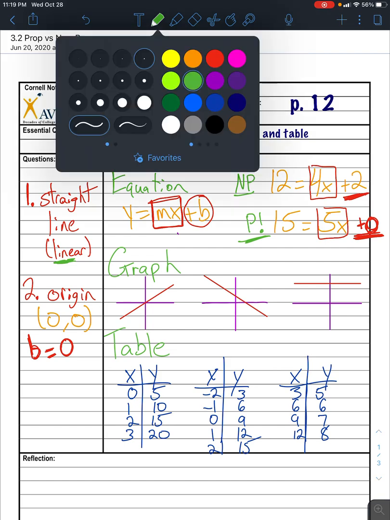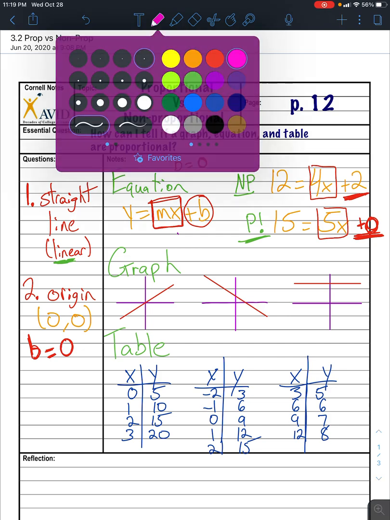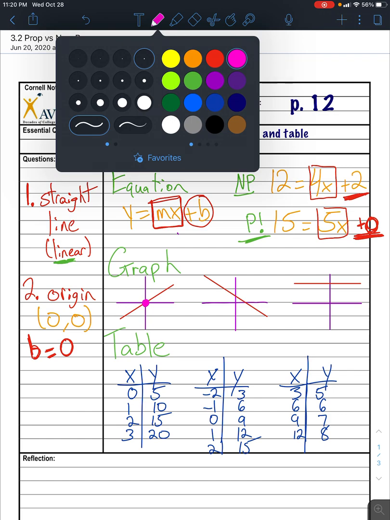Now, if I come down here and look at the graphing, the graph is honestly the easiest one to tell if something is proportional, because we're looking, is it a straight line? So is it linear? And does it pass through the origin of 0, 0? So I look at this first one. That is a straight line, and it goes through the center. This one right here is proportional.